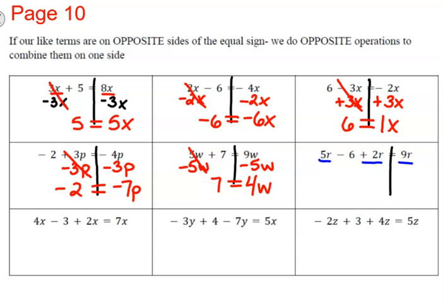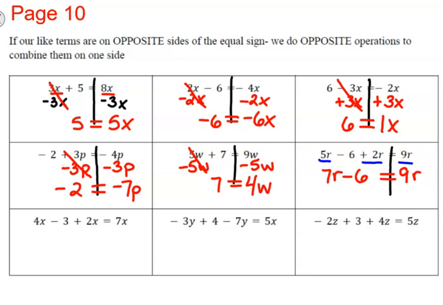If things are on the same side of the equal sign, you should combine those first. You do not do pluses or minuses. You only do the opposite if it's on the other side of the equal sign. So here I have 5r and plus 2r. We're going to do that first. So 5r plus 2r is 7r, still have minus 6, my equal sign, and 9r.